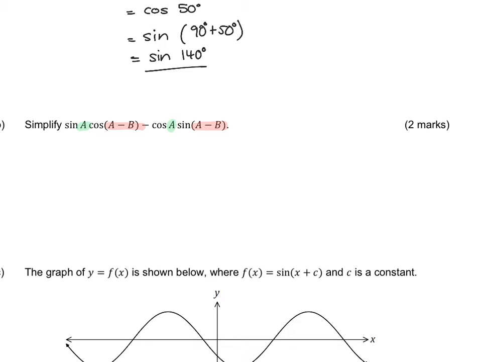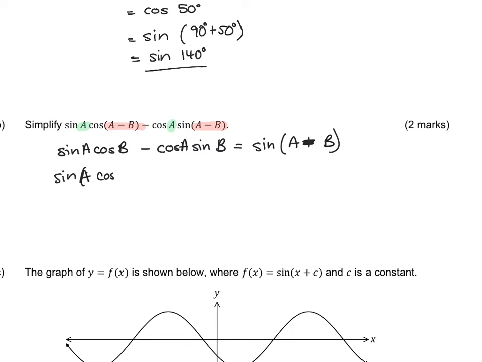You could recognise that this is sine A cos B minus cos A sine B, which, if I look at my formula sheet, is the same as sine of A minus B. So for this example, sine of A cos of A minus B minus cos of A sine of A minus B is the same as sine of the first angle minus the second angle.